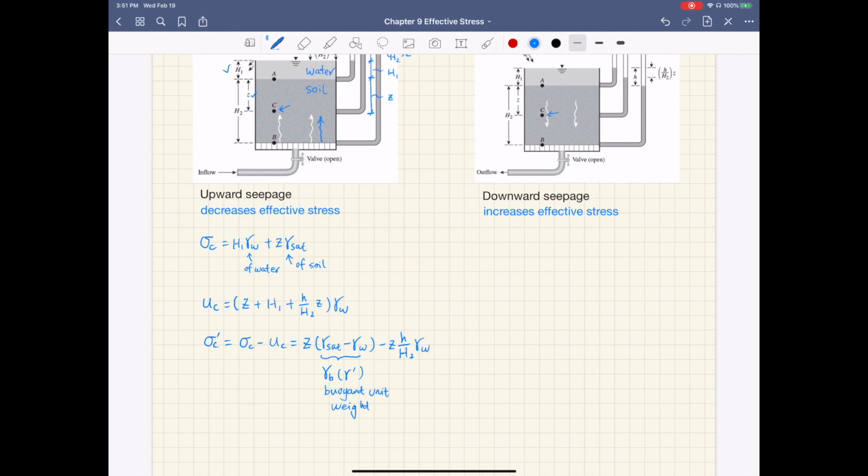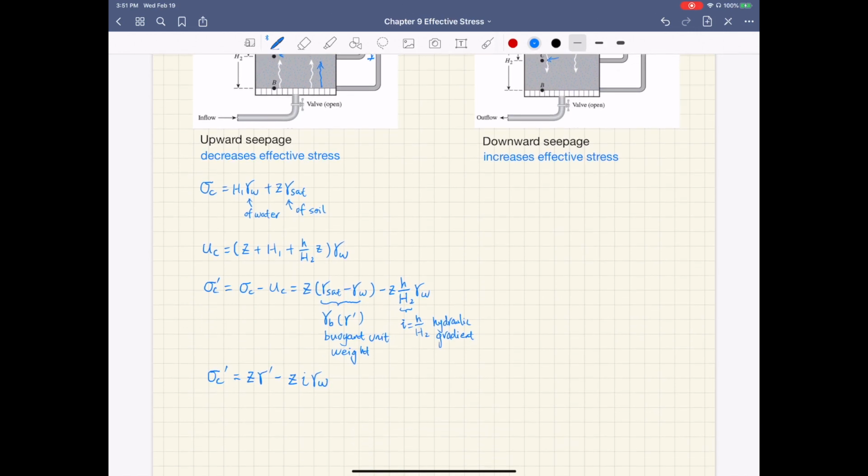And this ratio here, small h over h2, is the hydraulic gradient i. So your effective stress sigma C prime is simply z times the buoyant unit weight gamma prime minus z times i times gamma water. That's your effective stress with upward seepage.